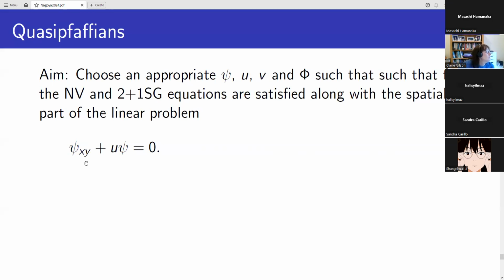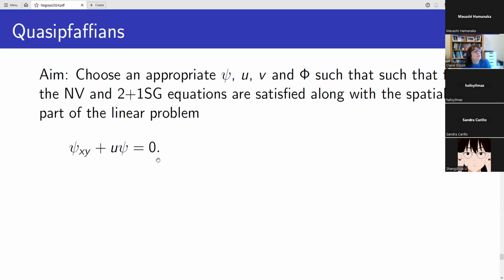It's just psi_xy plus u psi equals 0. So I'm going to choose psi, an appropriate eigen quasi-Pfaffian, u, an appropriate quasi-Pfaffian, v, an appropriate quasi-Pfaffian, and also the Novikov-Veselov had this capital Theta in it, which was related to u and v.